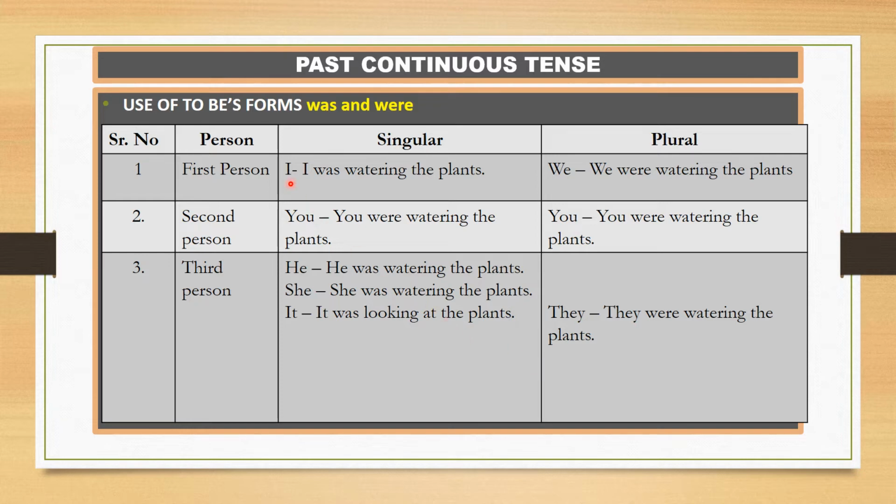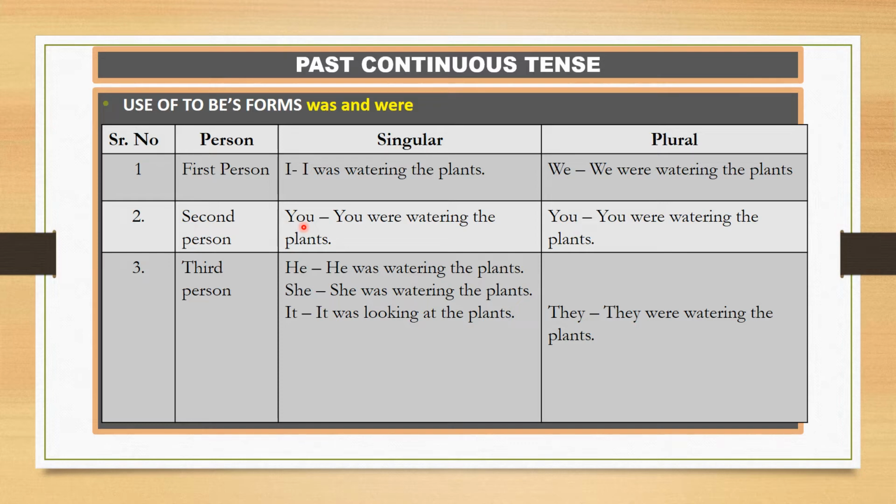If the subject of the sentence is I, that is first person singular pronoun, we use was as the to be form. I was watering the plants. If the subject is we, that is first person plural pronoun, we use were as the to be form. We were watering the plants.